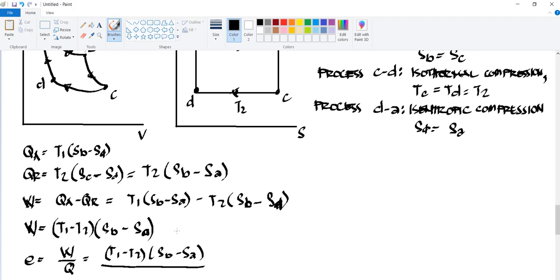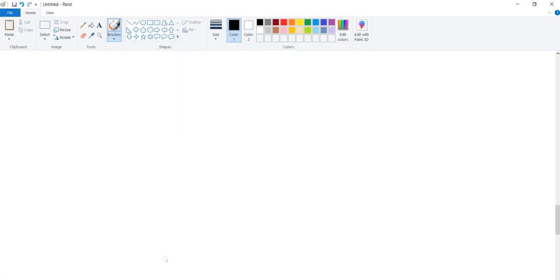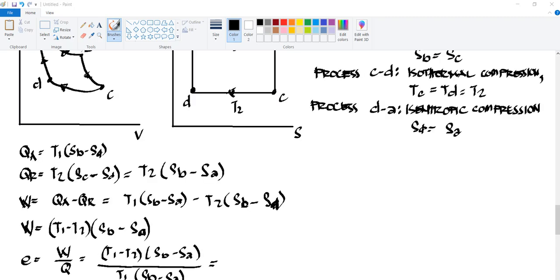So that will be T1 times the entropy at point B minus the entropy at point A. So finally, cancel out natin yung common doon. So we can rewrite our equation as the efficiency, that will be T1 minus your T2, divided by the T1.